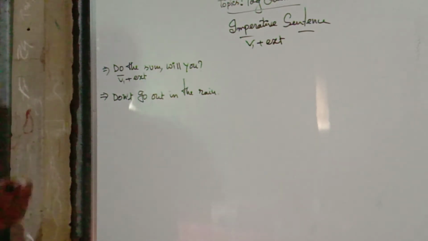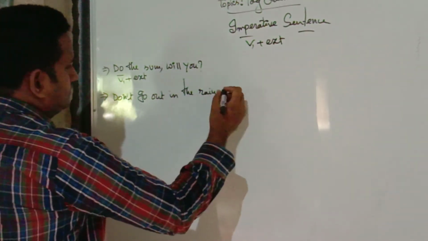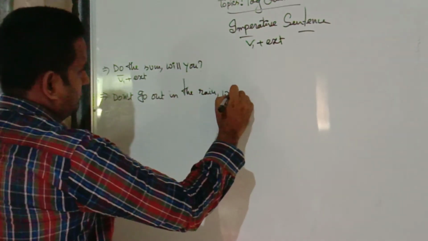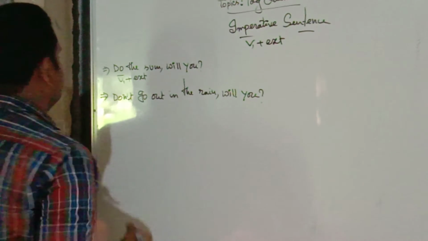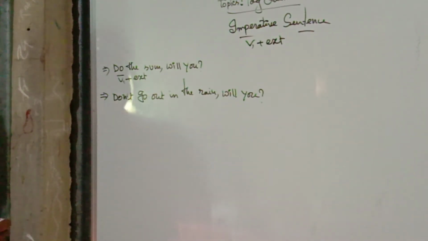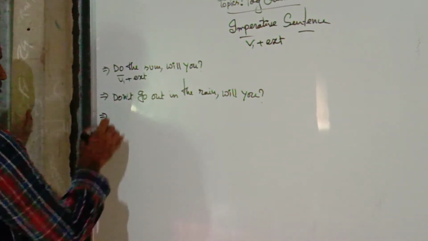So during a negative concept we can use will you. So there is no difference between affirmative or negative in the concept of imperative sentence when writing a tag question.